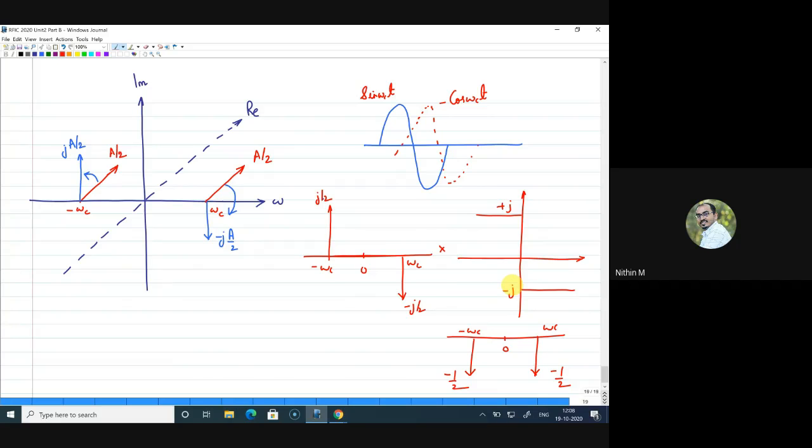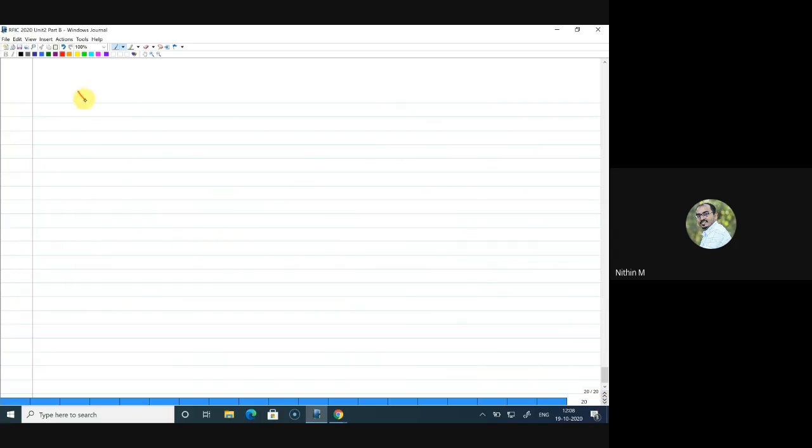This is what we typically call the signum function, but with an amplitude of j. So I will write this shift by 90° operation: if x of t is the signal and its transform is X of omega, then the 90° operation can be represented as minus j signum of omega into X of omega.